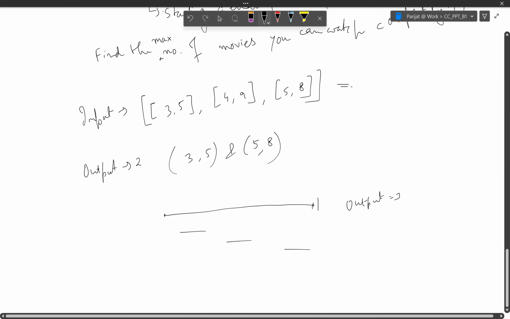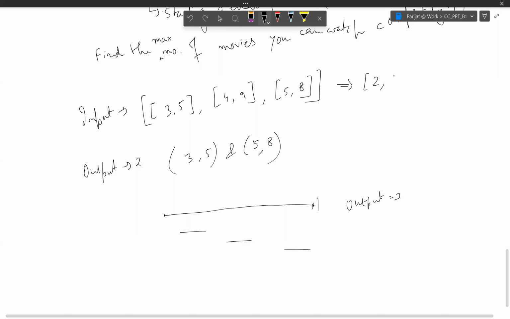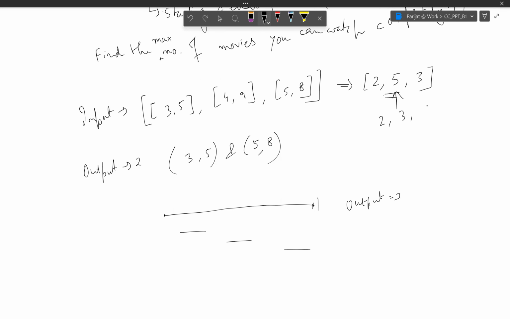So this array, you are saying you will convert it to the interval lengths. Then what will you do? We will sort it according to start time. You will sort this array. Yes, we will sort it, means 2, 3, 5, then 3, 5, and second will be 5, 8, and 4, 9.